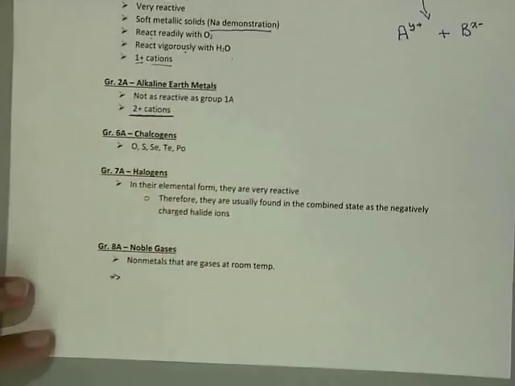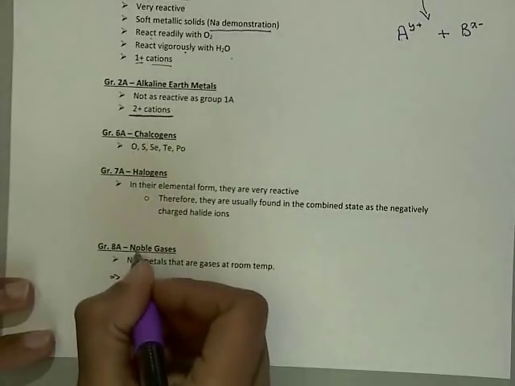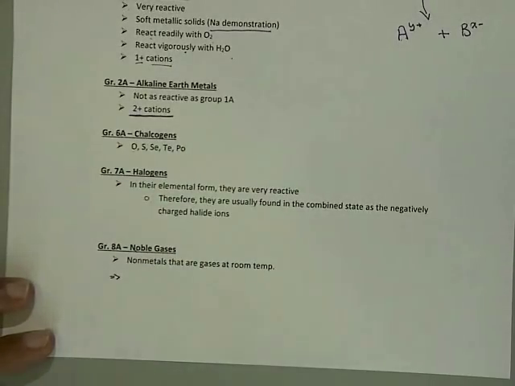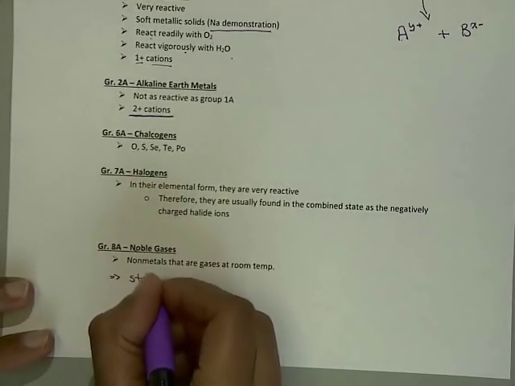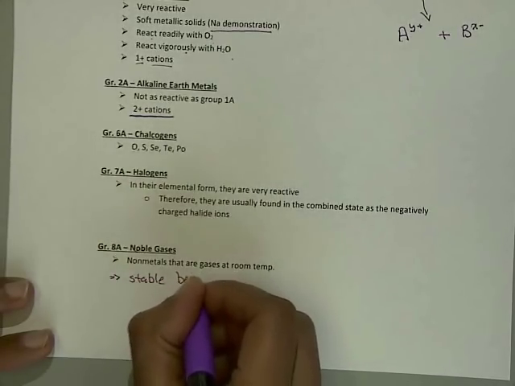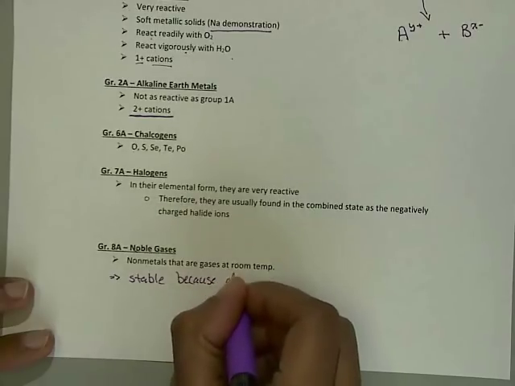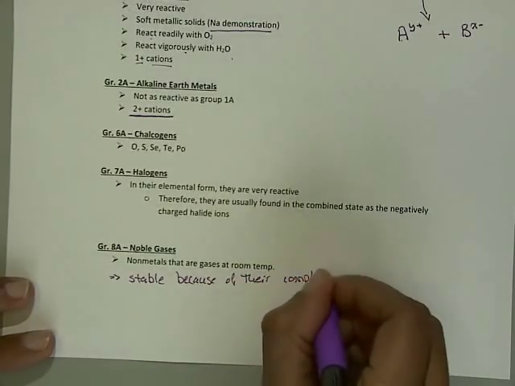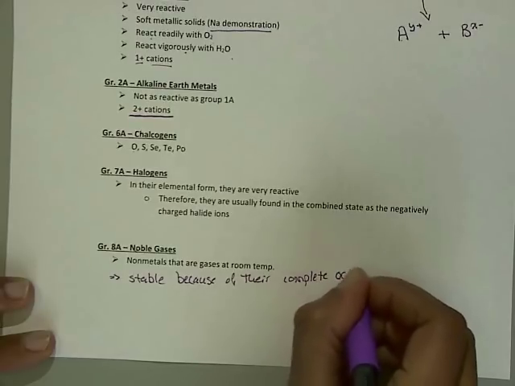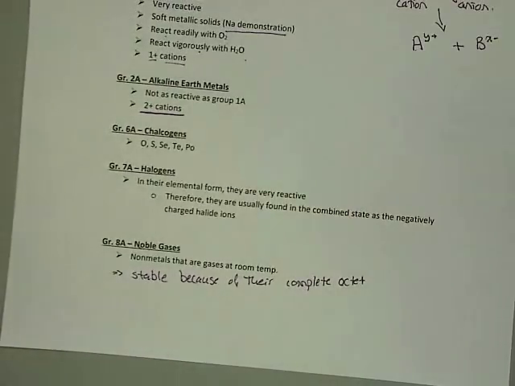One more thing you should note is that this word noble is not used arbitrarily. All elements want to have the configuration of a noble gas. So noble gases are stable because of their complete octet. Again, we'll go over this a lot more in lecture.